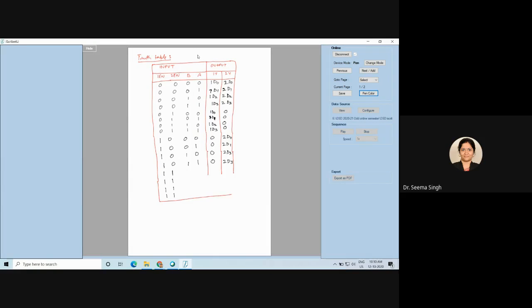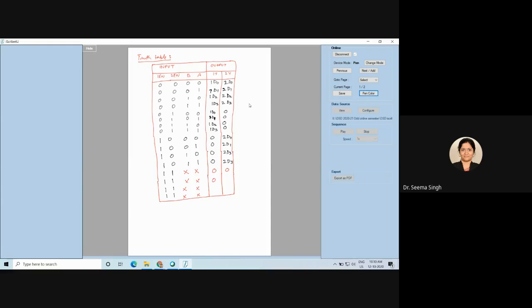All the outputs will be 0, and actually I need not have put these 4 rows at all. I could have told in 1 row only that if it is 1 1, it becomes a don't care and the output is a 0. I need not have written these last 3 rows.